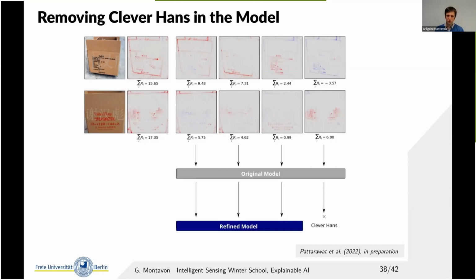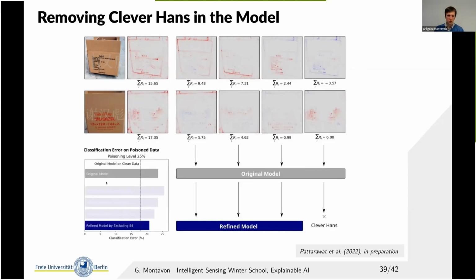So what we thought is that, because we have this additive property where if you sum all these heat maps you get back the original heat map, and the heat map itself is a decomposition of the prediction score, we can just prune this column and build a refined model that only takes into consideration the other sub-strategies.